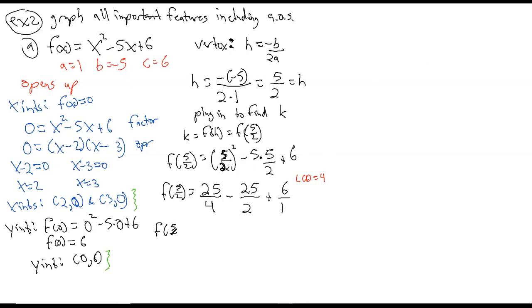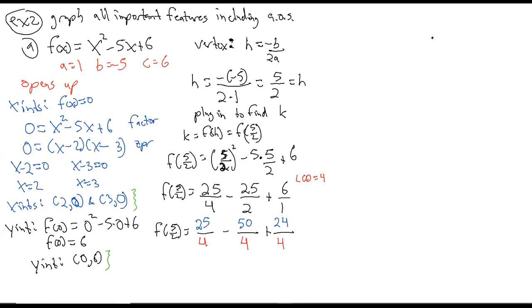So f of 5/2. This is where we rewrite all the denominators as 4. And we divide and multiply to figure out what the numerators are supposed to be. For the first one, 4 goes into 4 once. 1 times 25 is 25. It doesn't actually change. For the second one, 2 goes into 4 twice. 2 times 25 is 50. For the third one, 1 goes into 4 4 times. 4 times 6 is 24.